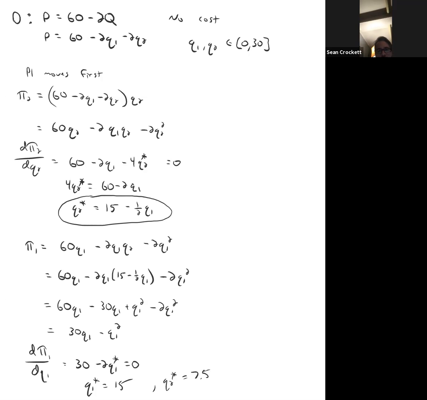And another equilibrium would be for player 1 to threaten.